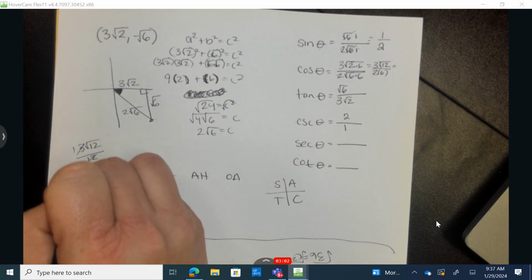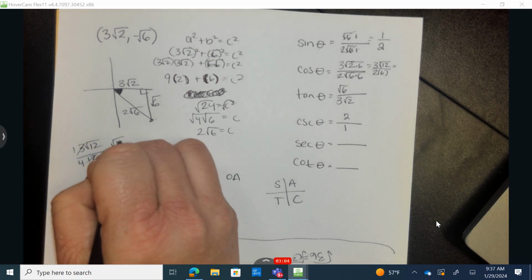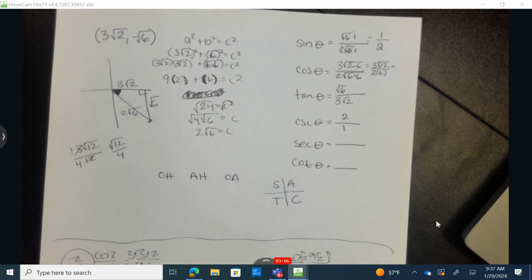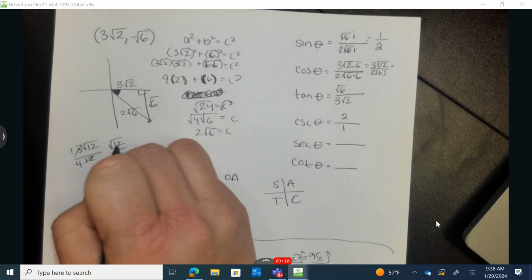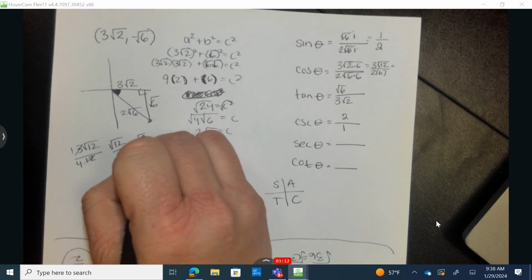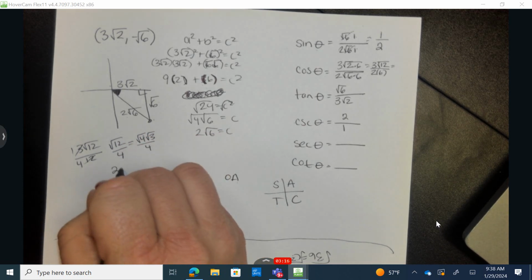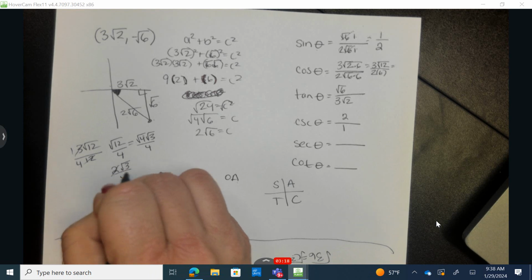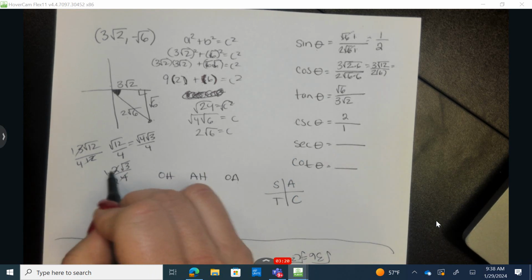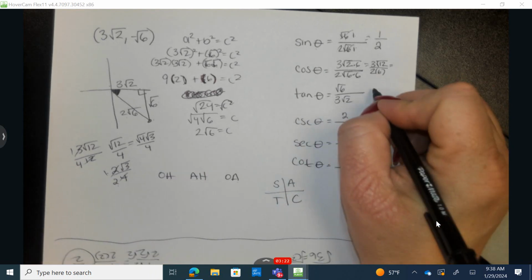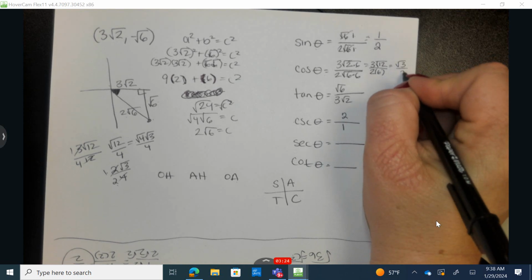Well, this reduces to 1 over 4, but I'm not done yet. Square root of 12 over 4. Now, all of that is fine, but it's still not fully reduced because there's a perfect square, specifically 4, that can break 12 into 4 times 3. Square root of 4 is 2, so I have 2 radical 3 over 4, and it finally simplifies to 1 times the square root of 3 over 2, or simply the square root of 3 over 2.